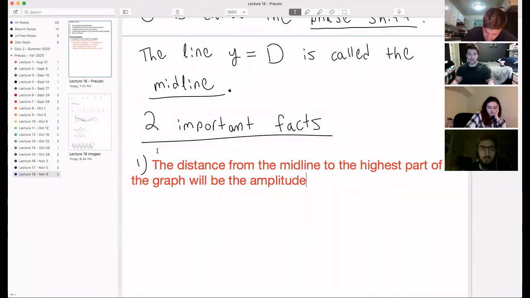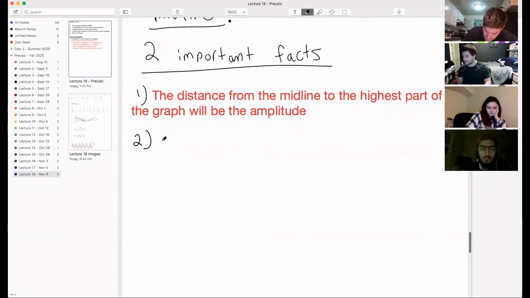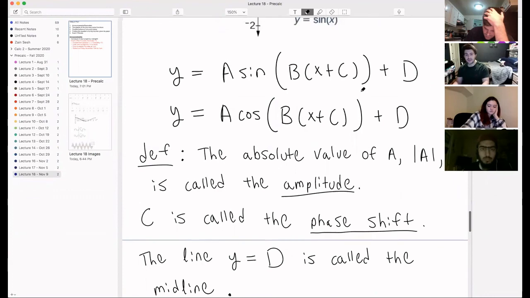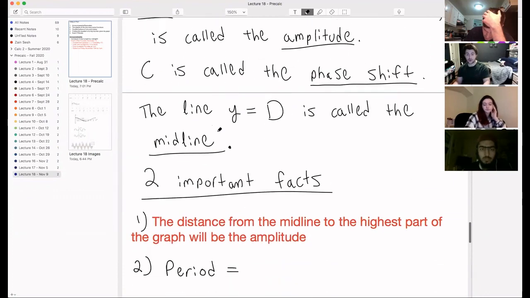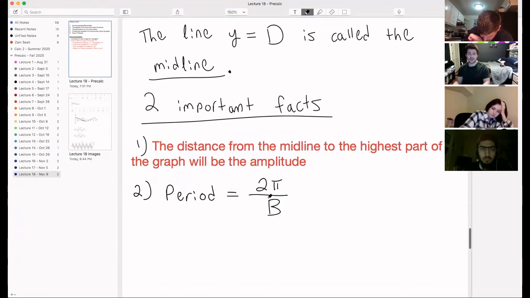Okay, and second. The period will be, this is a very important equation, so you can get the period of your graph just by looking at the formula. It's going to be 2 pi divided by capital B, that horizontal compression.